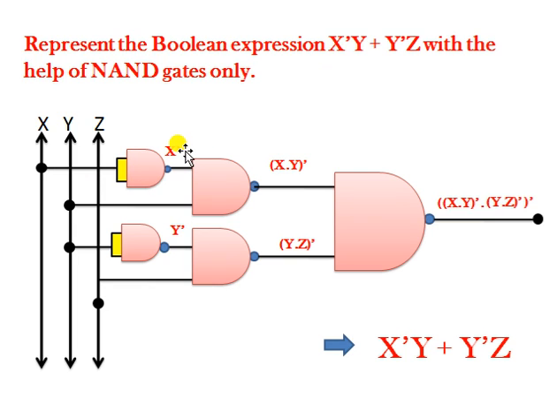We already studied why universal gates are used: to construct any fundamental gates. So with the help of NAND gate, we are constructing a NOT gate here. So this is NOT gate, x bar, and this is y. So x bar dot y whole bar.